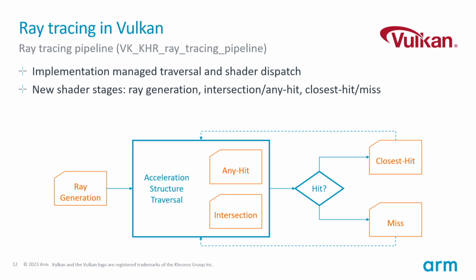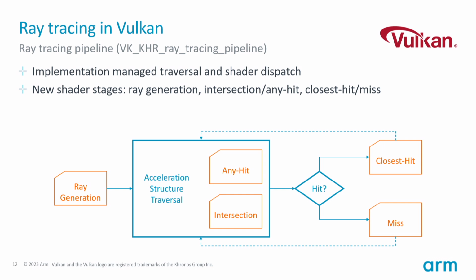In the orange boxes are the shaders we shall implement. First is the ray generation shader, which defines the origin and the direction of each ray that we wish to trace.